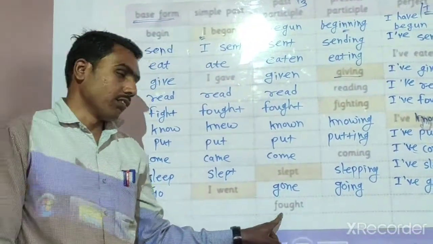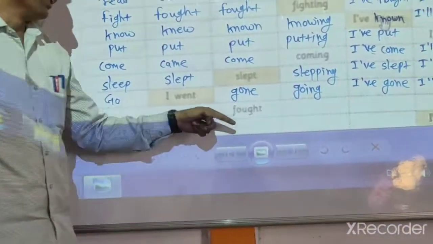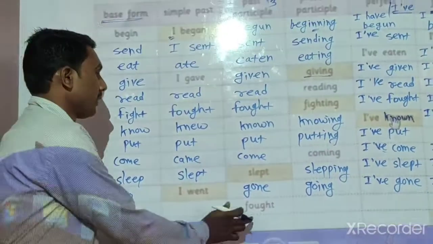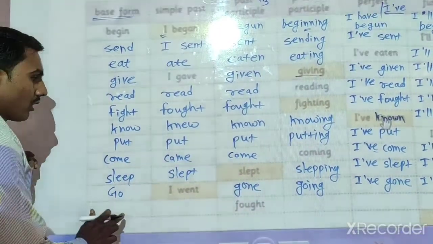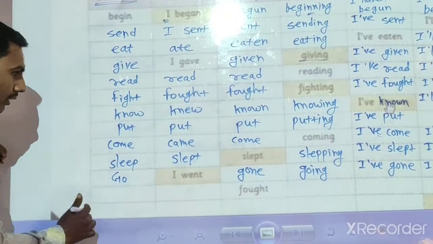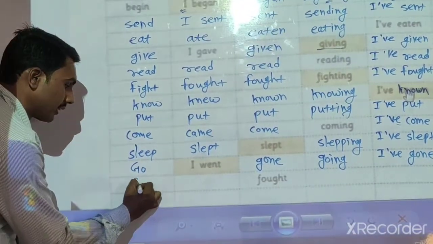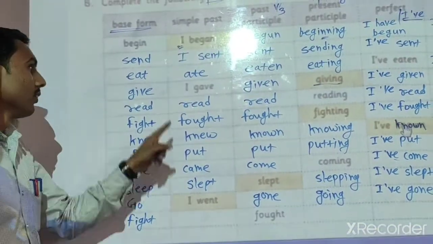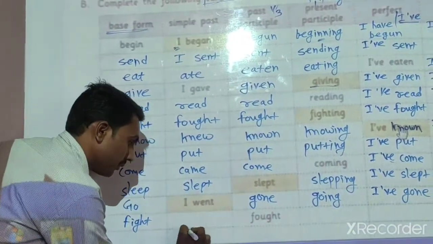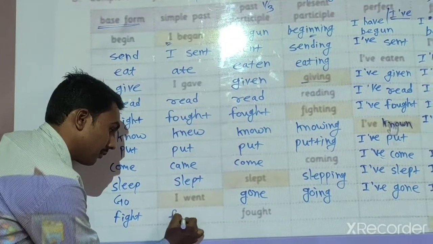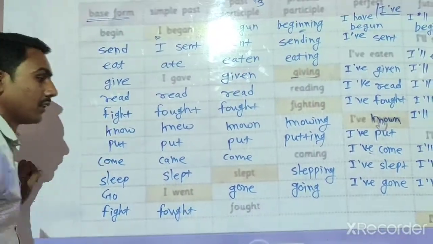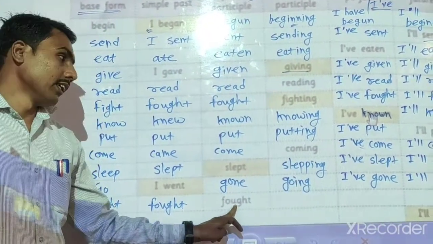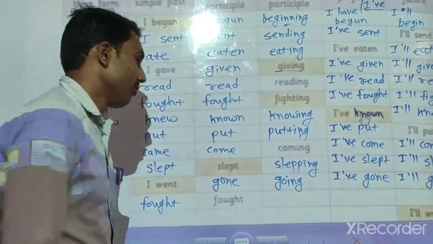Then last verb. Okay. You want to complete found. The same thing you want to write here, found. Okay. That is find. Find. Then found, second and third form, past participle same, finding.